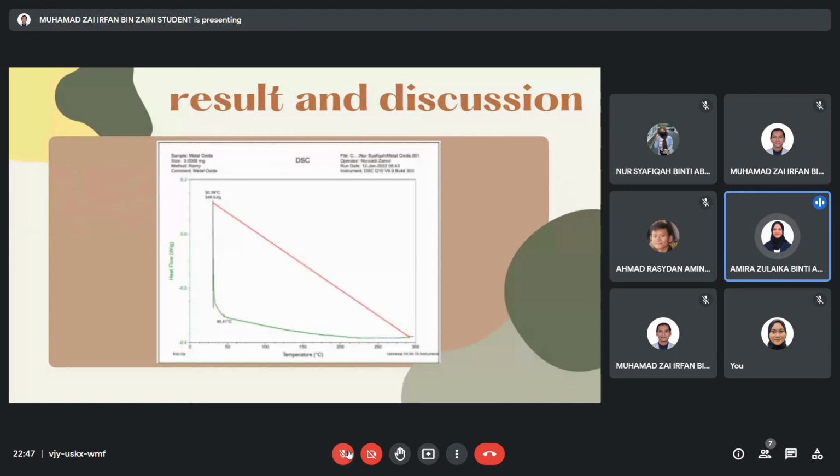Based on the graph shown in the slide, at the commencement of the thermal investigation, there is a significant endothermic baseline shift as the heating rate increases from zero to the desired heating rate in the first part of the experiment, resulting in differential scanning calorimetry in scanning mode.